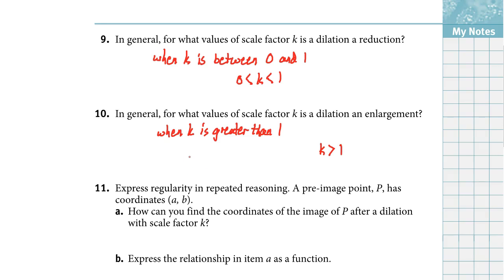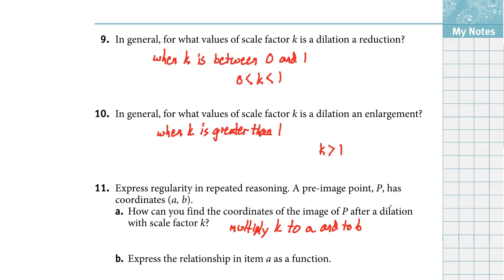So we're taking our example with actual numbers and we want to generalize that into a theorem that explains how to use scale factor to figure out the coordinates of the image. What we have figured out is that we can multiply the scale factor to each coordinate. So we can multiply K to A and to B.